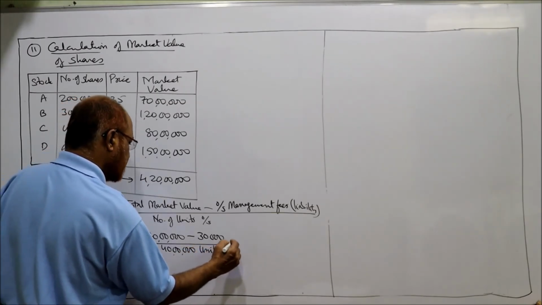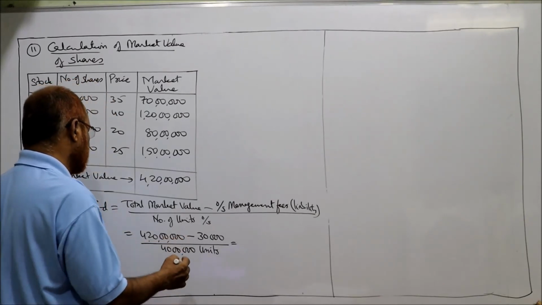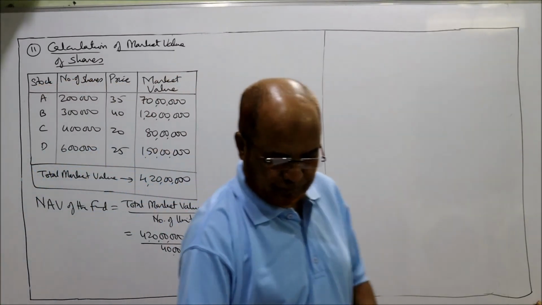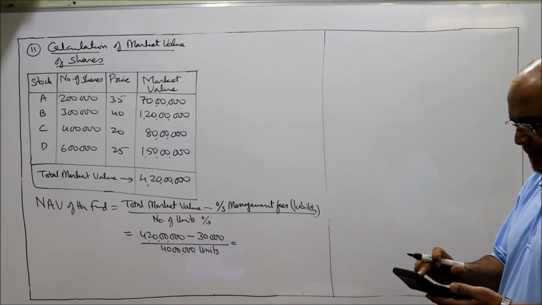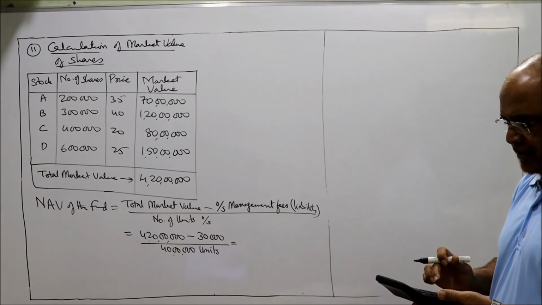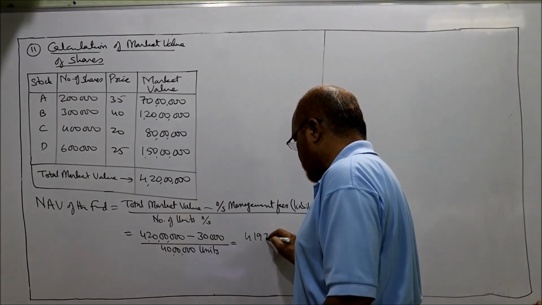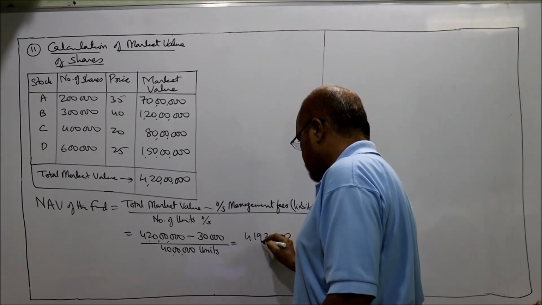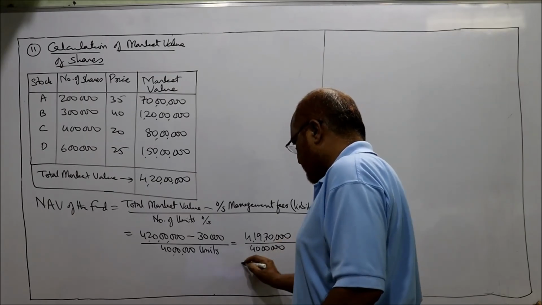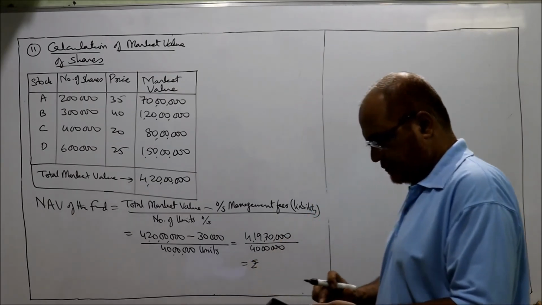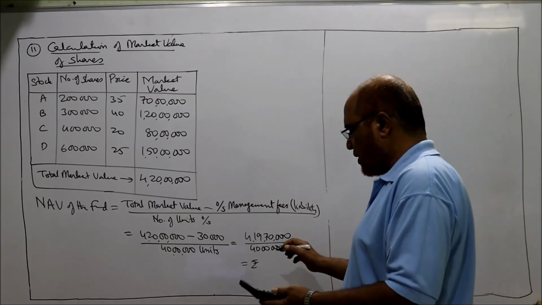Units or shares, the meaning is the same. So 4 crore 20 lakh minus 30,000 is 4 crore 19 lakh 70,000. 4 crore 19 lakh 70,000 divided by 40 lakh is 10.49.